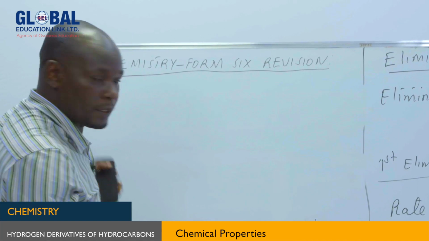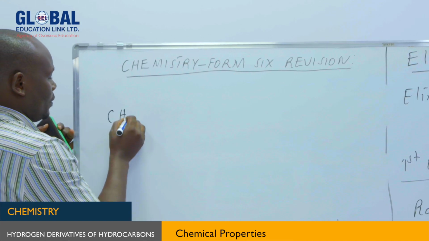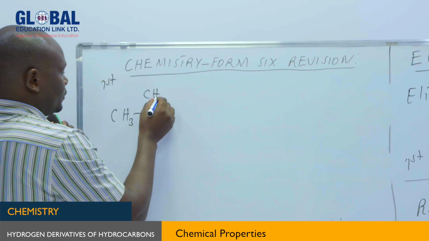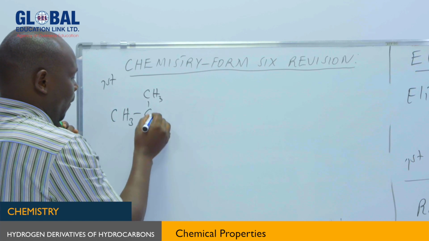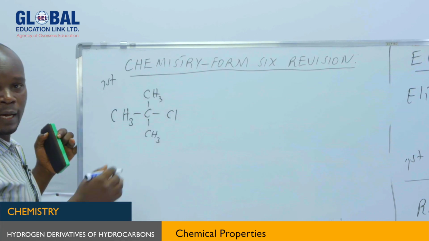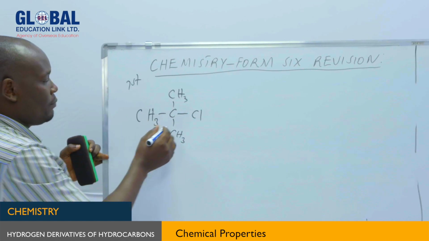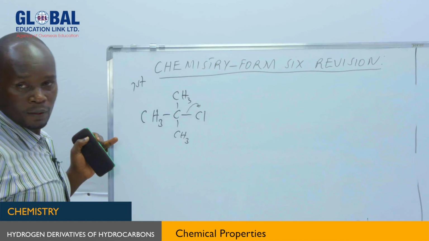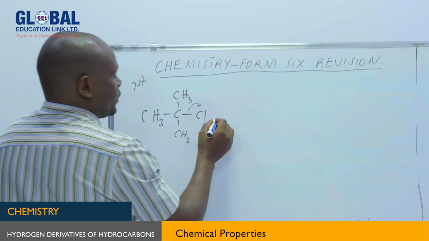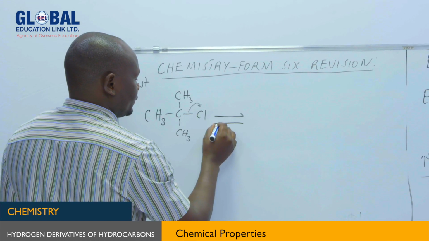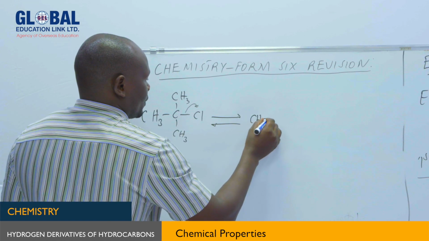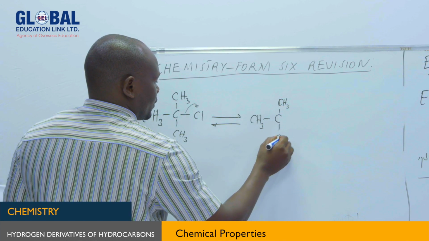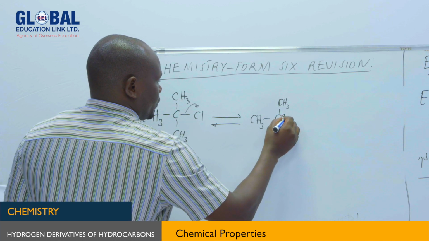The mechanism is that during the first step, the halogen and the carbon bond breaks down. When it breaks down, it releases an intermediate carbocation.